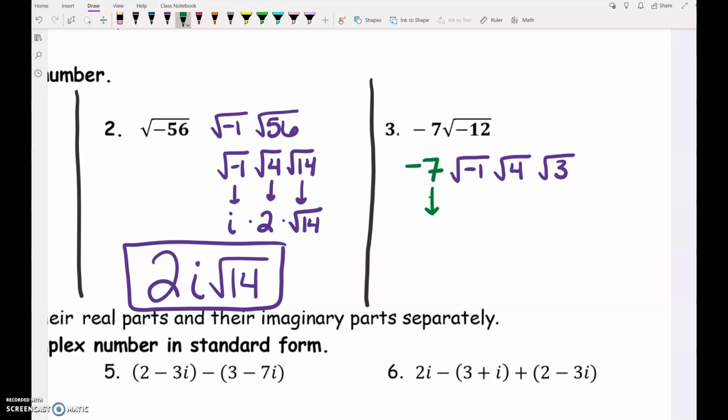Negative 7 is just kind of chilling in front. What is the square root of negative 1? i. What's the square root of 4? 2. And the square root of 3 stays square root of 3. Do you see how I color-coded those? What do you think the final answer is going to be? Negative 14i times the square root of 3.